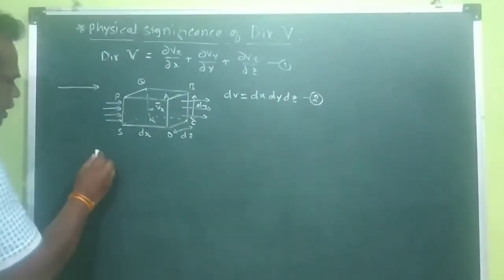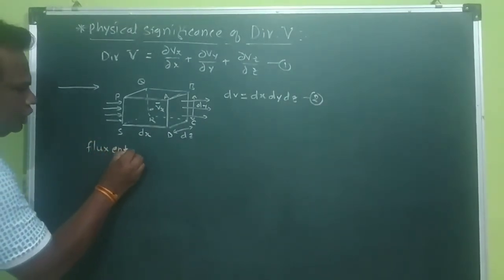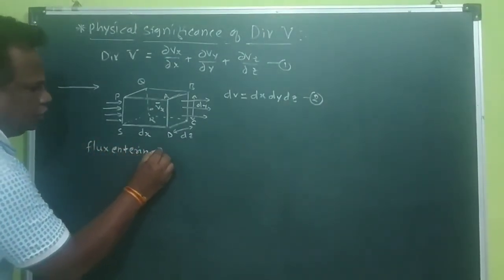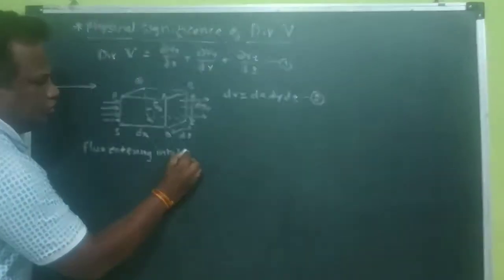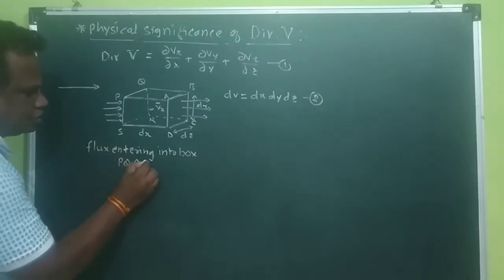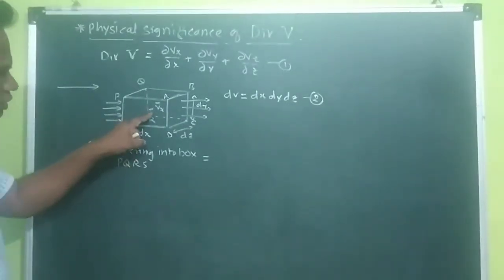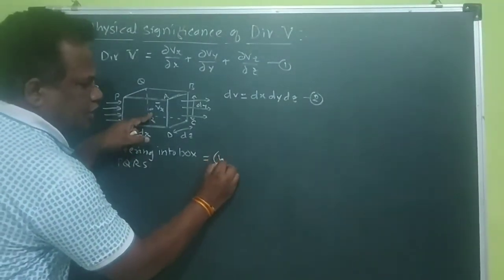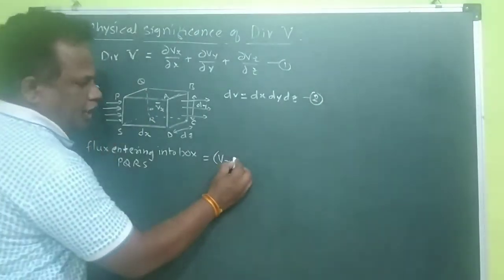So now we can write the flux entering into the box through the surface area PQRS is given by, at the center, Vx. Flux is added, so we write plus.